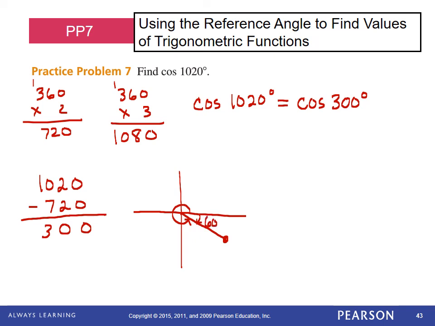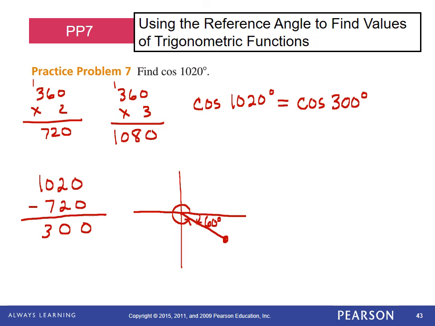So what's my reference angle? Are we okay with 60 degrees there? Okay, so here's the play that we're gonna do. We just need to figure out cosine of 60 degrees. Once we do that, we just need to think about the sign of where it's at in which quadrant, because the sign is going to be determined by which quadrant it is.